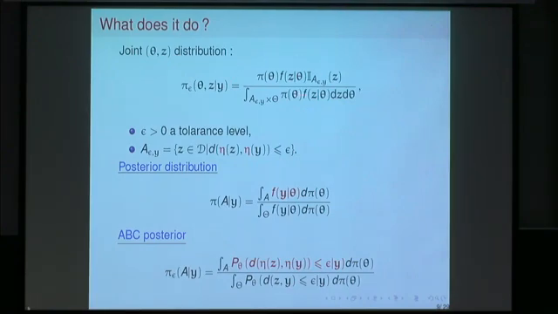What you're looking at is an object which is not going to give you the exact posterior, but something else. What you're interested in is the posterior distribution, which is the integral of the likelihood times the prior over the normalizing constant. But here what you're considering is the integral of the probability of accepting times the prior divided by the normalizing constant. So you're looking at an approximated object.